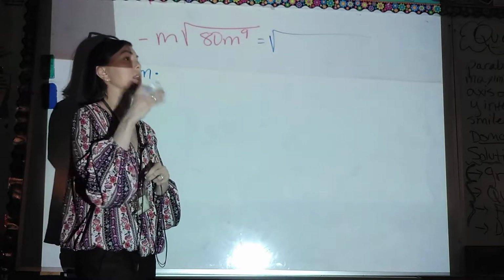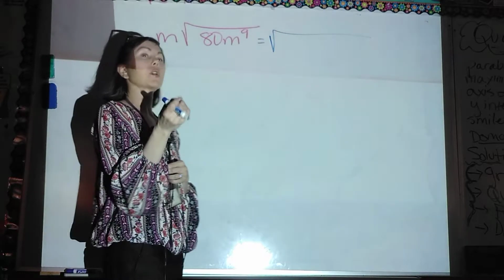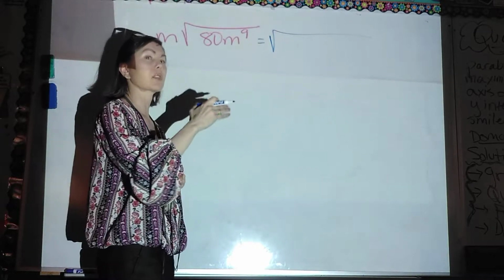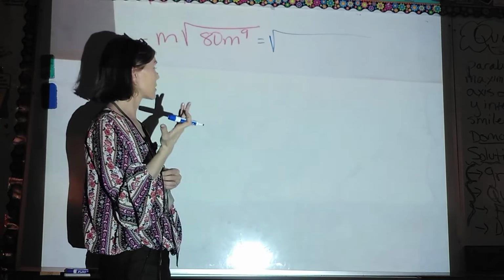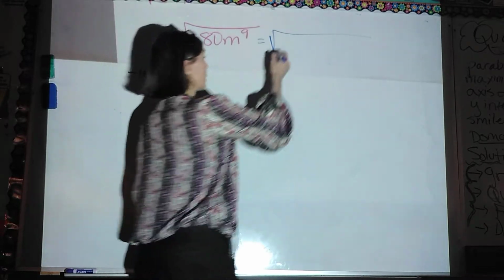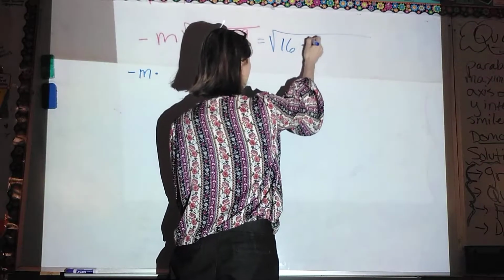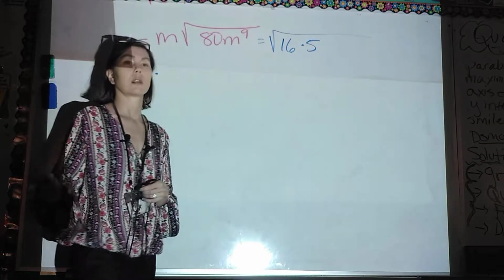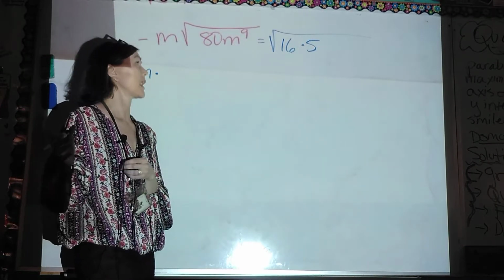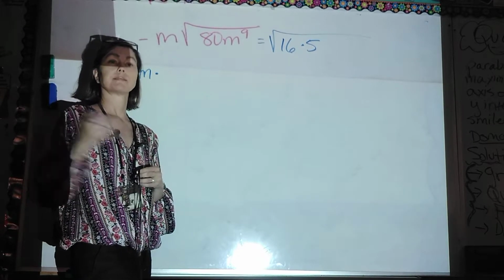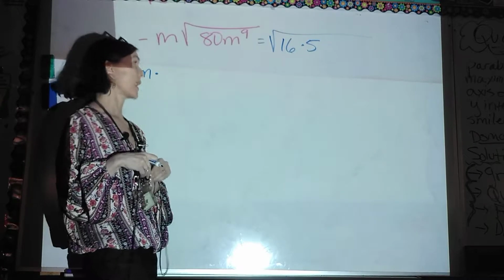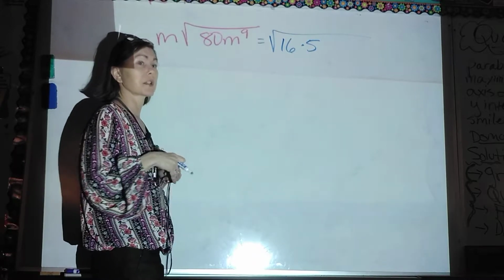Okay, so 40 times 2, neither one of those is a perfect square. So then you divide by 3, you divide by 4, you divide by 5. I think it's something 16 times 5. Can you do it? Try that for me. What is 80 divided by 16 give you? 5.